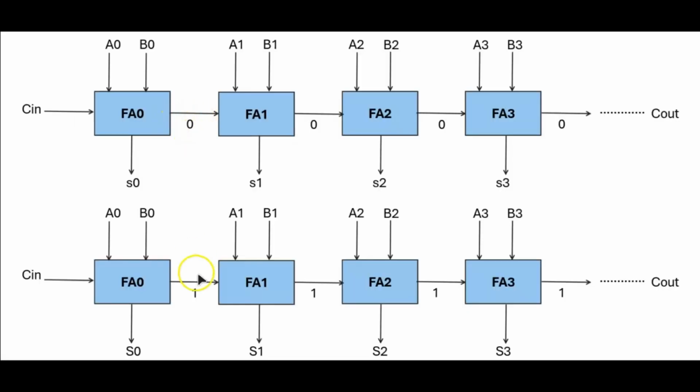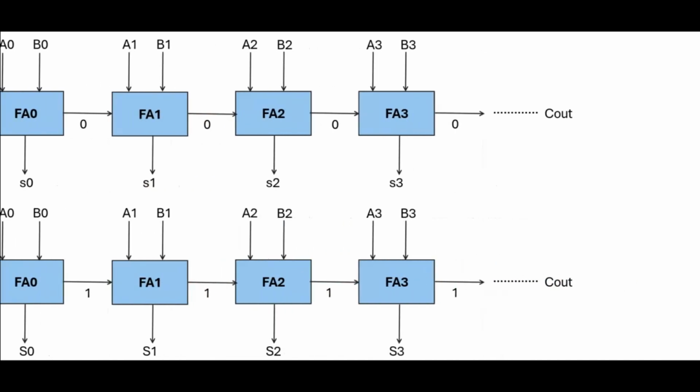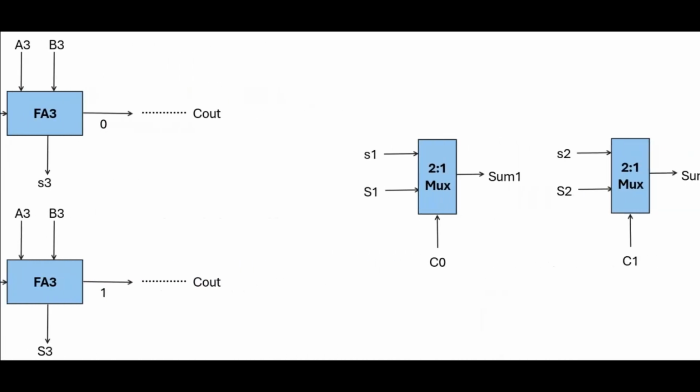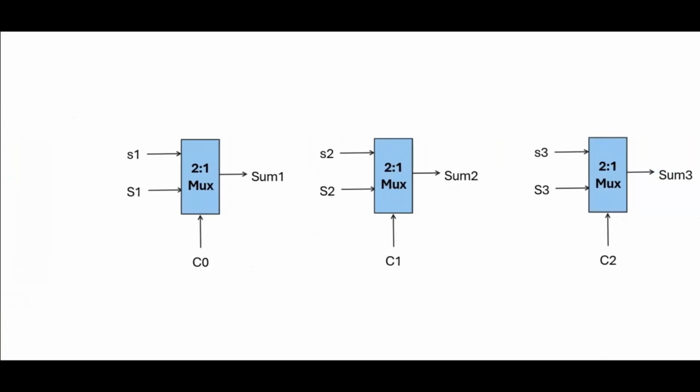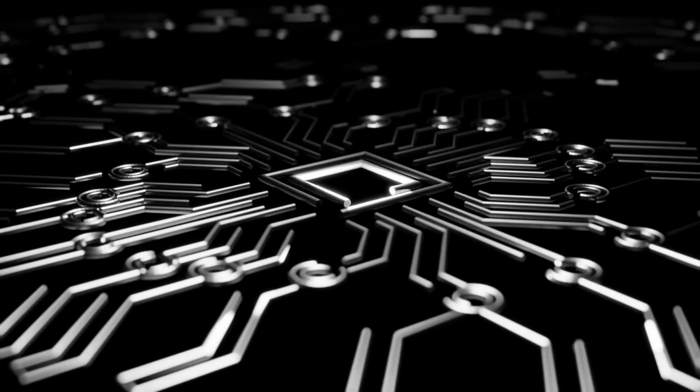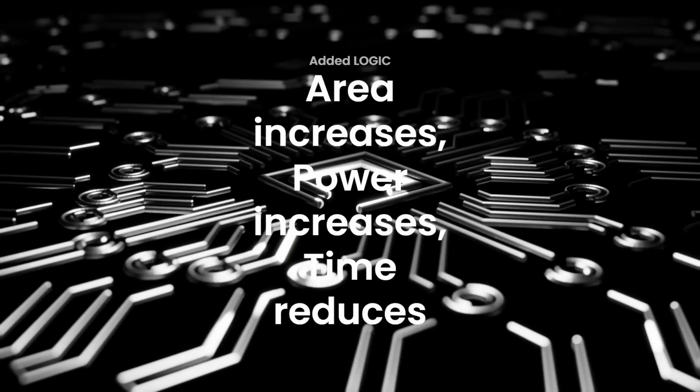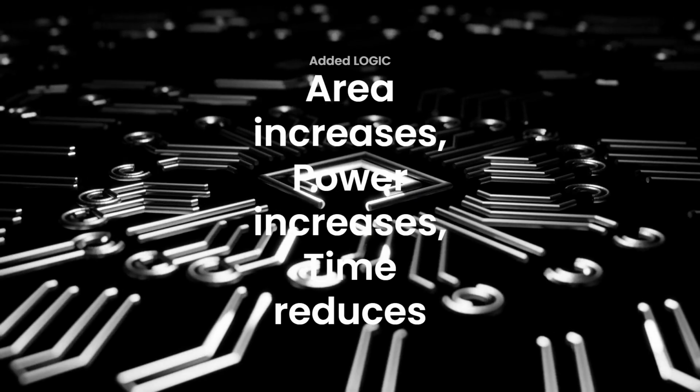One common way to fix it is, instead of waiting, as transistors' language is binary, we assume carry will be 0 or 1 and compute both possibilities in parallel and use a multiplexer to pick the right one based on the actual carry out when it arrives. This is faster, but as we have some added logic, area increases, effectively increasing power too.